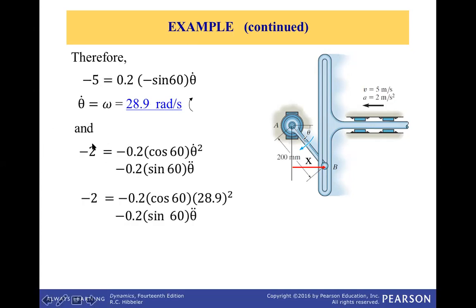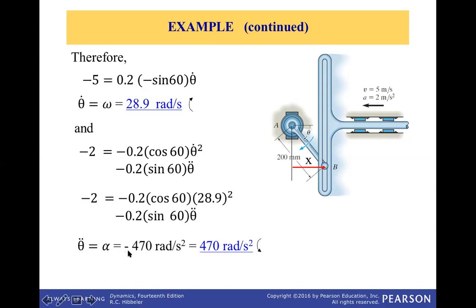Now in the second equation, x dot dot is the acceleration, minus 2, equals minus 0.2 cosine 60 times theta dot squared. You got theta dot from here, 28.9, minus 0.2 sine 60 times theta dot dot. This is alpha, so you are looking for alpha. By solving this equation, theta dot dot, which is equal to alpha, is going to be minus 470.